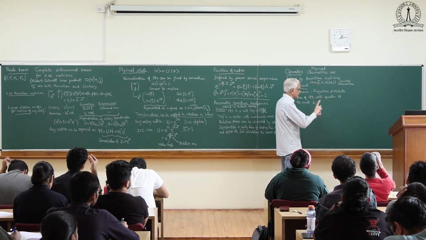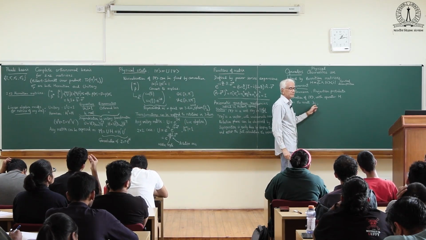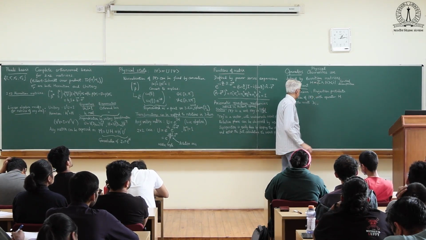The number which appears on the measuring instruments is the eigenvalue, which is real in this particular case.